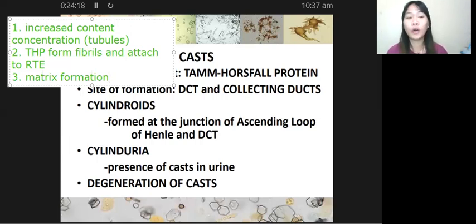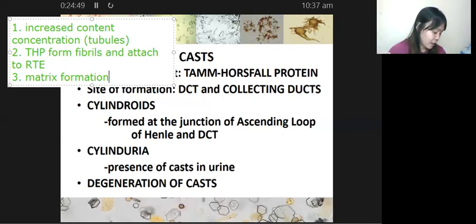Okay, so of course, yung matrix natin, if the different elements or sediments in your filtrate become available, they are entrapped or enmeshed in the matrix. Okay, so mapupunta doon yung ating cellular elements at saka yung ibang mga sediments which are present in your filtrates.